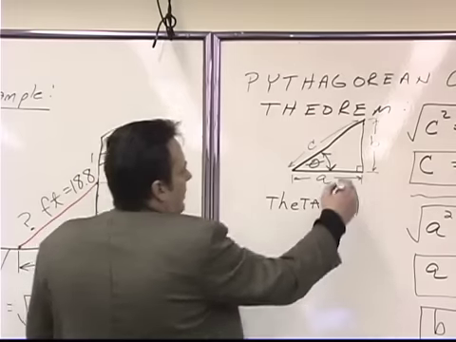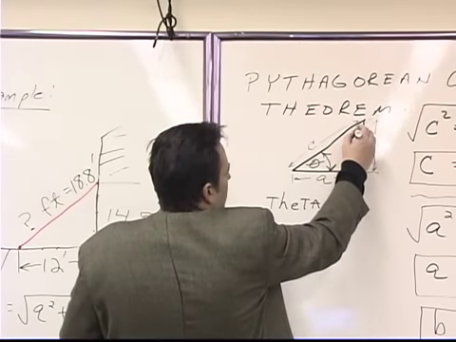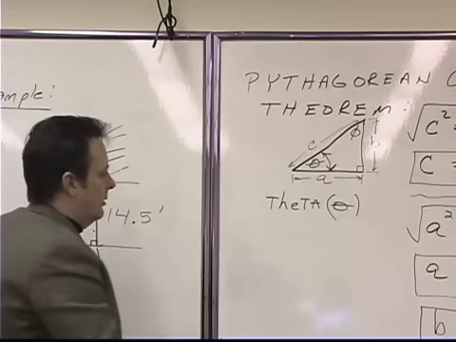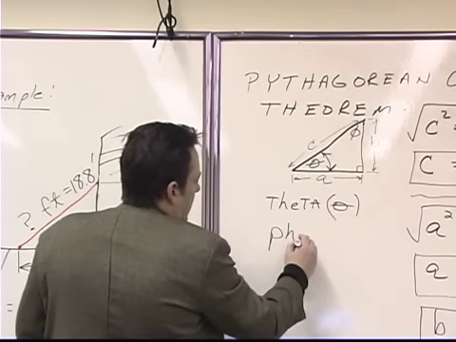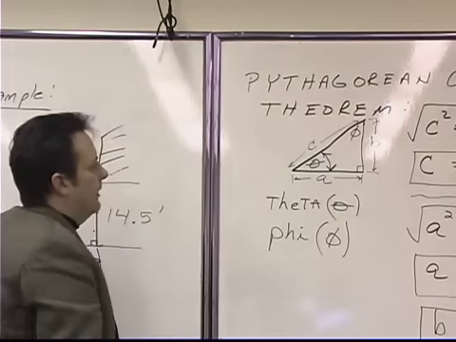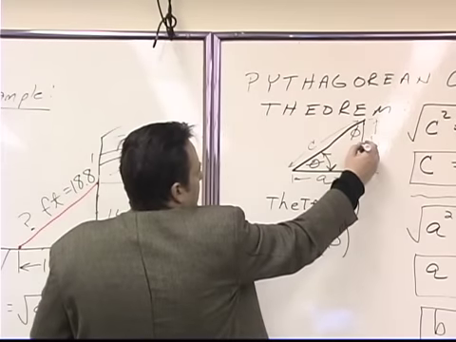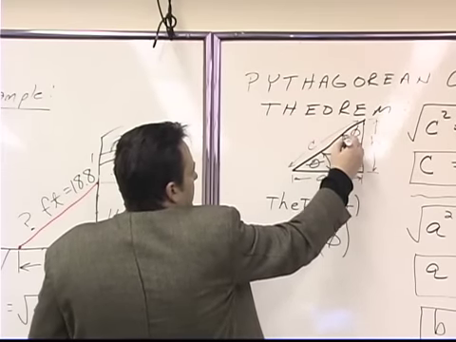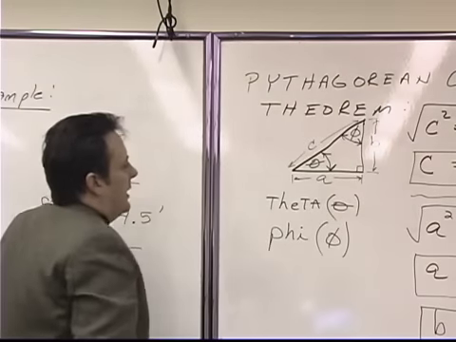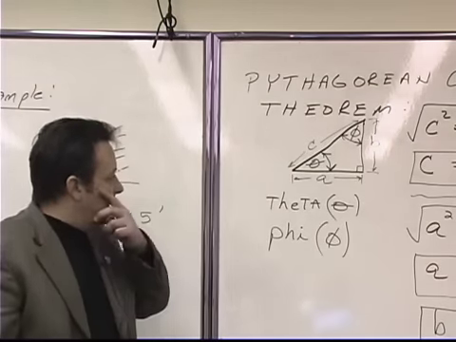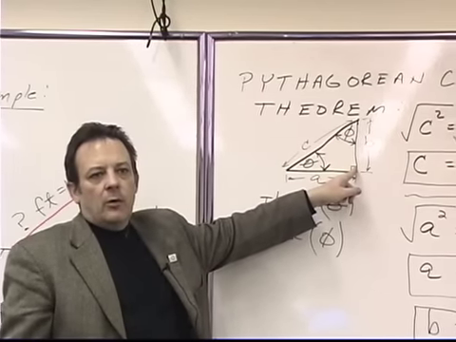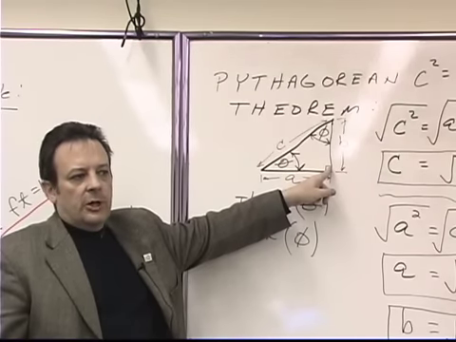There is another angle inside the triangle, which is usually represented by the Greek symbol phi, P-H-I. Phi. Okay? And that's the angle between b and the hypotenuse. And then the final angle in the triangle, if it's a right triangle, is going to be this 90-degree angle right here. Okay?